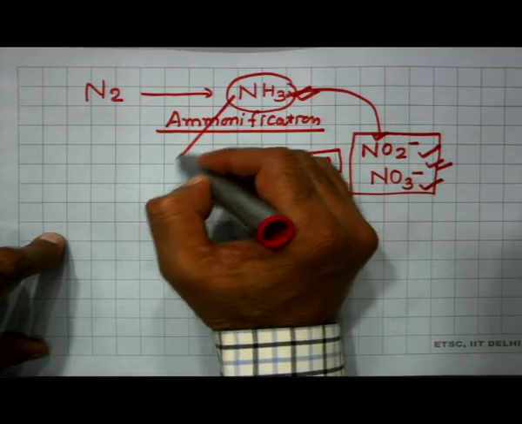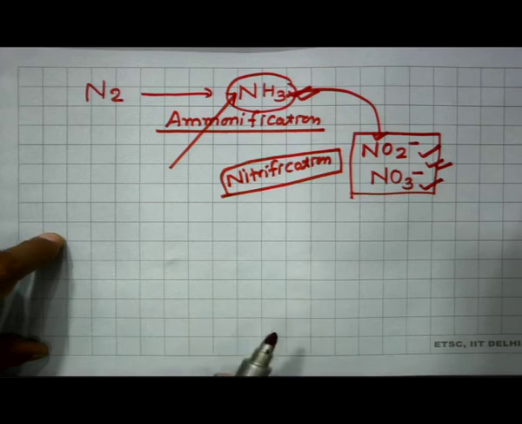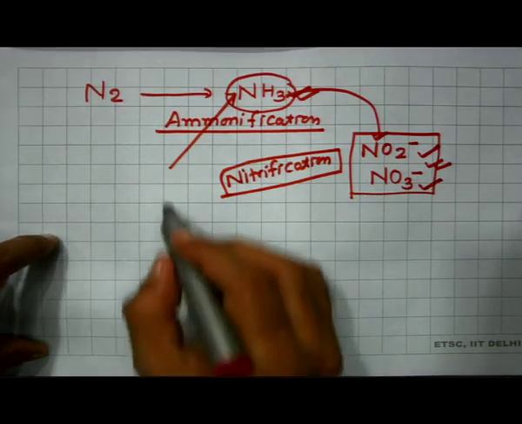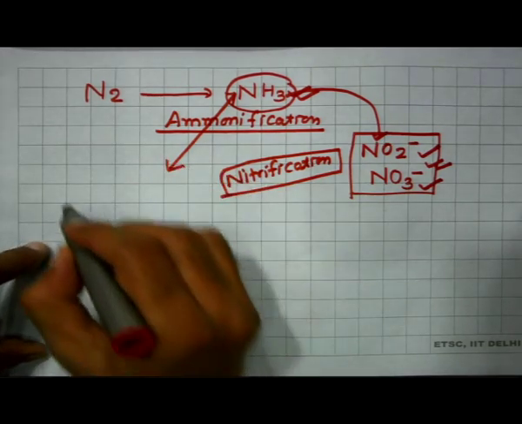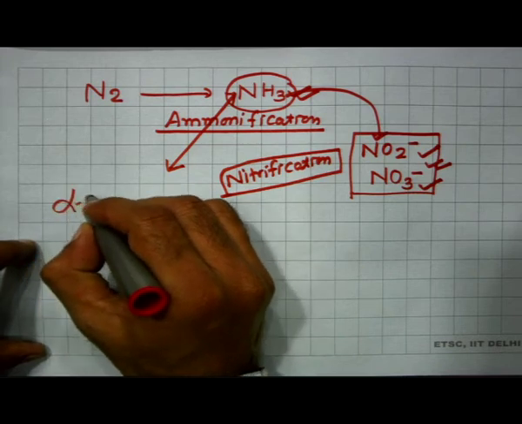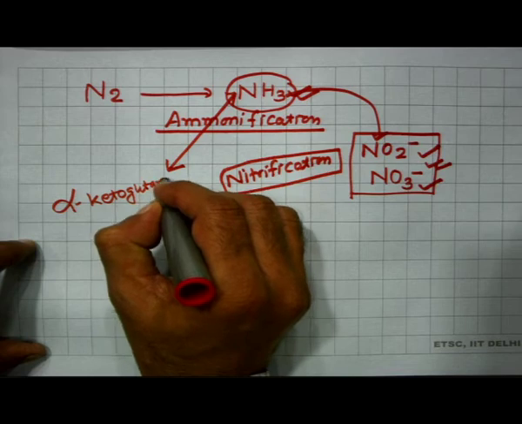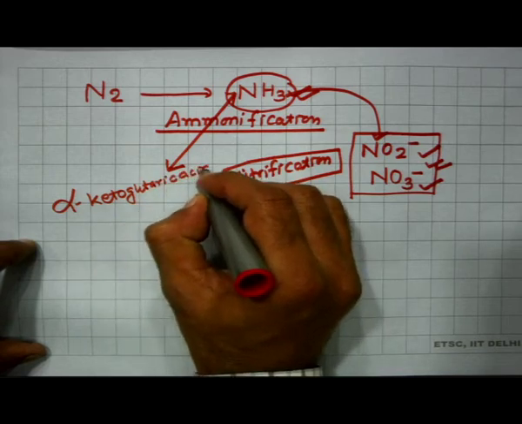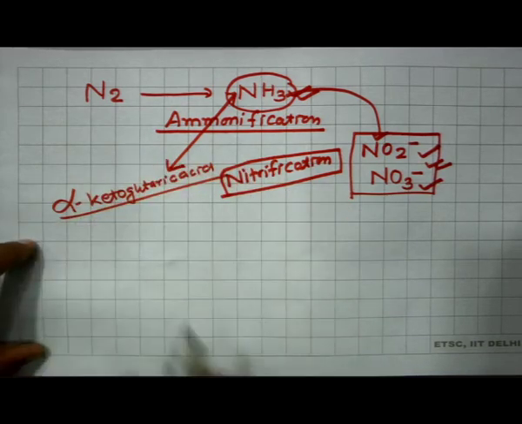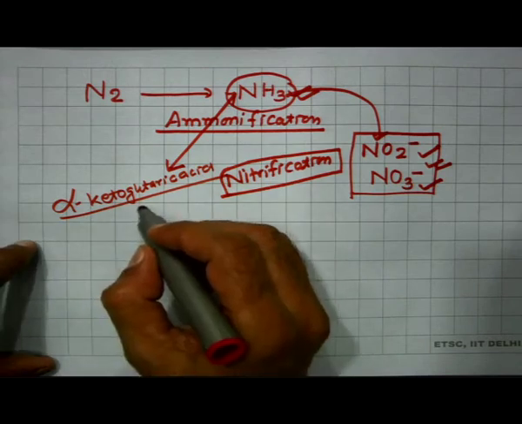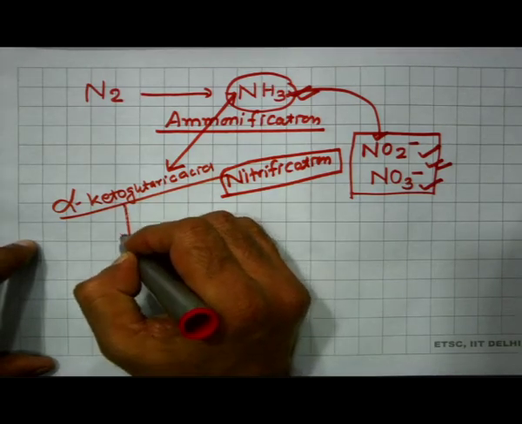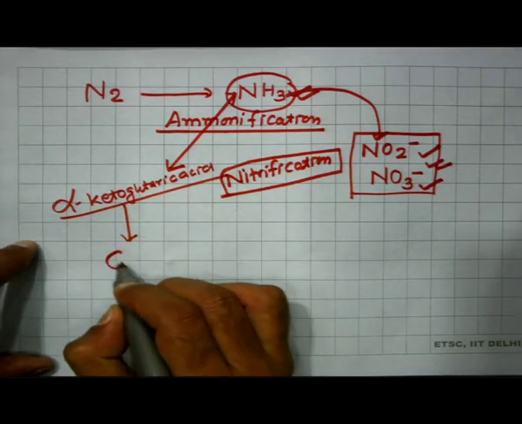When the ammonia concentration is going to be high in the plant, this ammonia combines with alpha ketoglutaric acid, which is one of the intermediate products of the Krebs cycle, and is converted into glutamic acid.